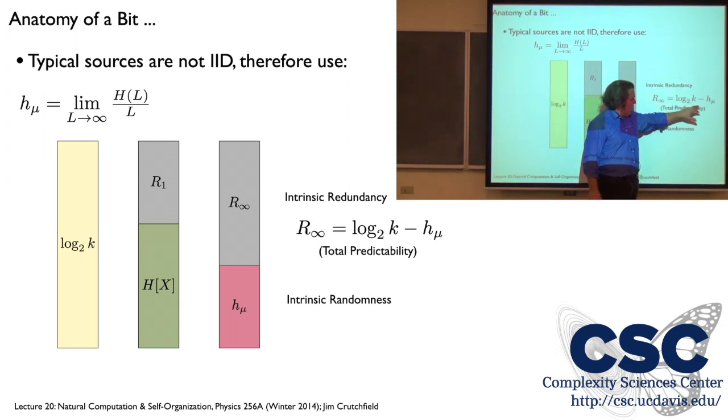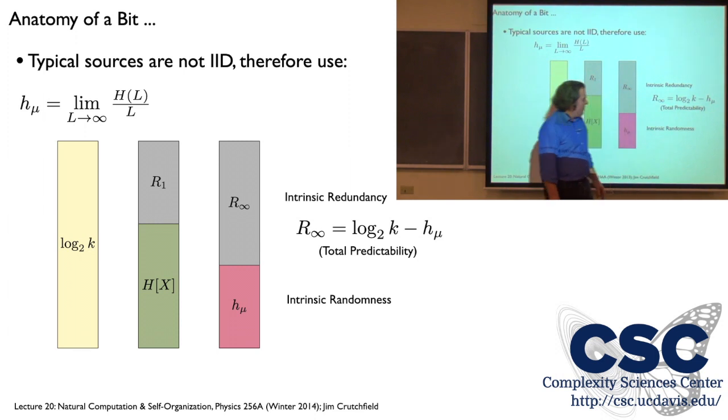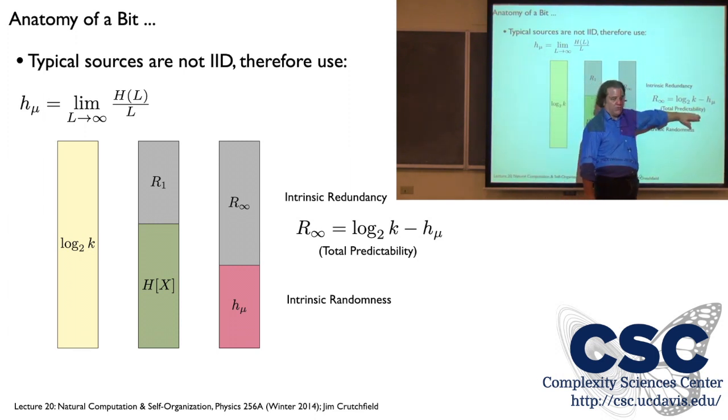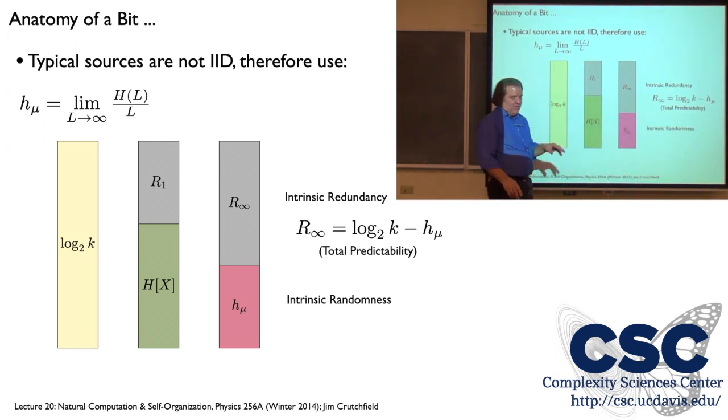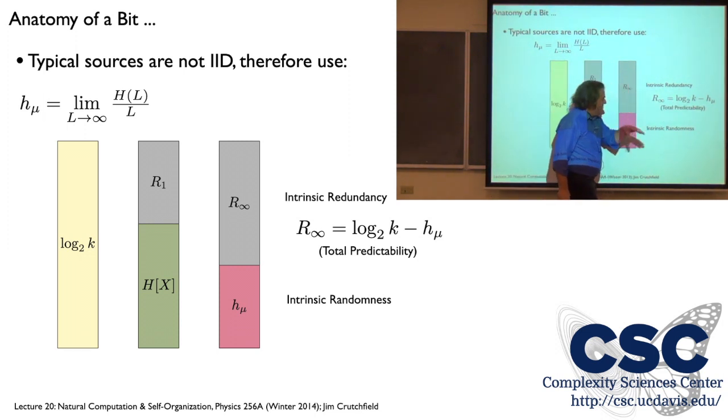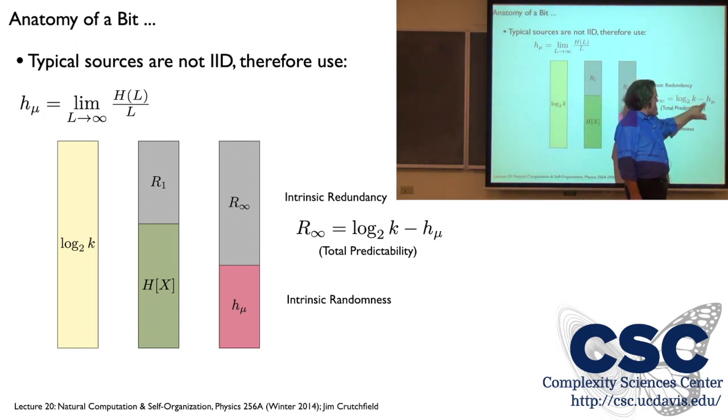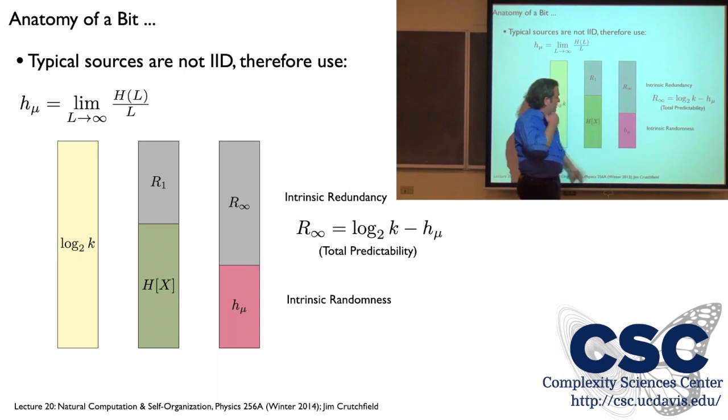It's log of the alphabet size minus h mu, or in fact we call that specifically the total predictability. That was one of our constants of integration as we were coming down the entropy hierarchy. We integrated the predictability gain over all word lengths and got the total predictability. So in a sense, I know the alphabet size, somehow I figured out the intrinsic randomness of the source, then that's the compressibility. So this can be a huge win.